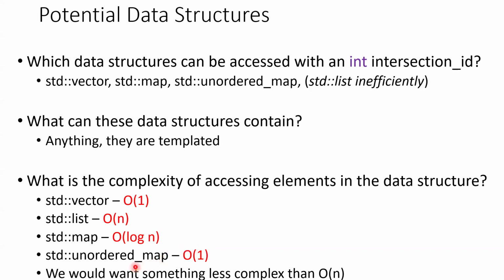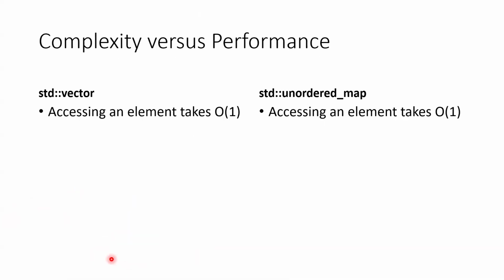And we want something that's less complex than O(n). So the best options will be chosen from vector and unordered map, because both of them take O(1).